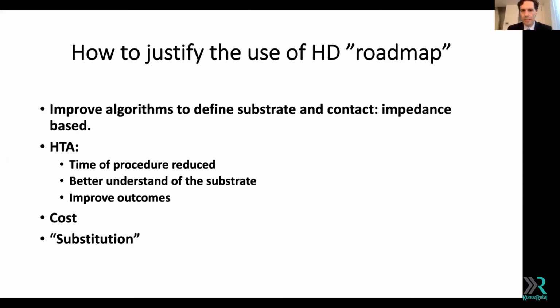Finally, all this information will be translated into cost. We will reduce cost because the procedure will be shorter and we will have better outcomes, and we will probably speak in the near future about the substitution of different technologies or different mapping catheters. So I think this tool is very interesting for the future, and there are a lot of things to develop.